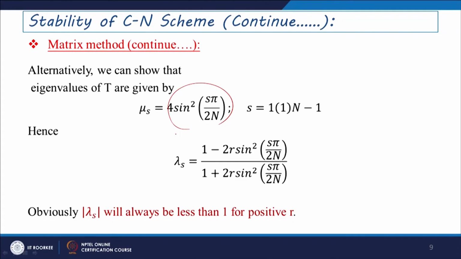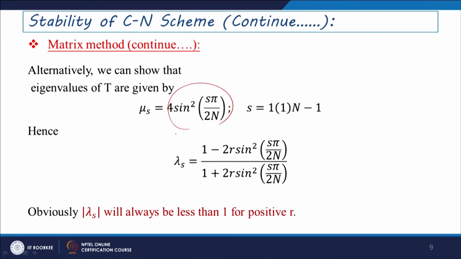Alternatively, we can also show that we can find these eigenvalues directly by using the Bright's-Fike theorem or the Gershgorin theorem. So we can obtain this eigenvalue in the form of 4 sine square (s pi by 2n).